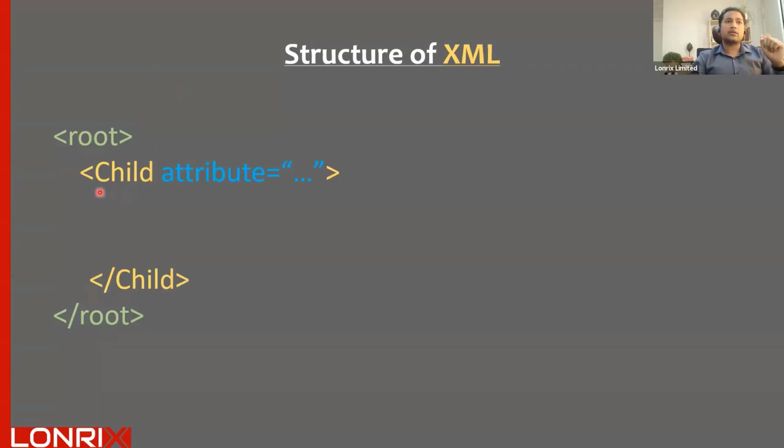This is another example where, under root, we add an element. It's a child element, and this is how we add an attribute. The attribute could be anything, followed by the value for the attribute, and the attribute value should always be enclosed in double quotes.